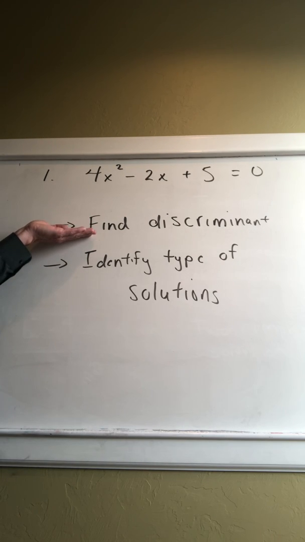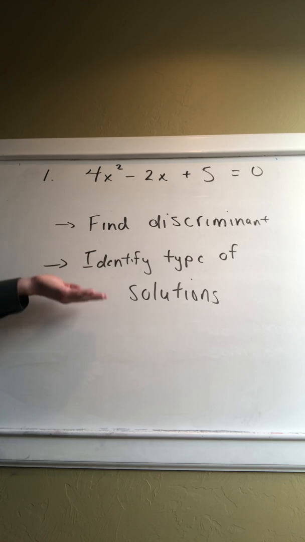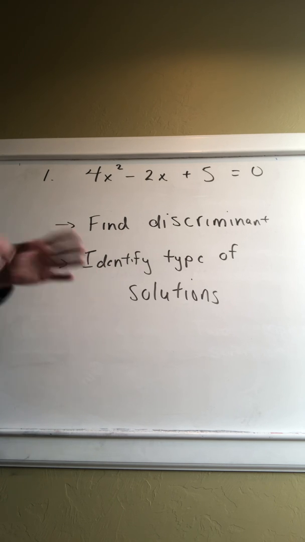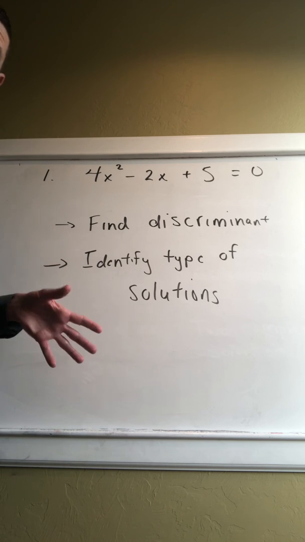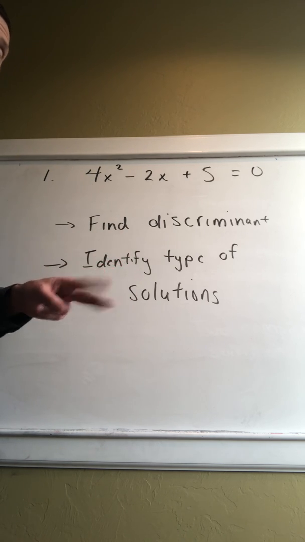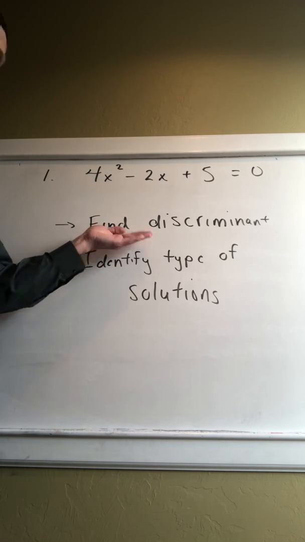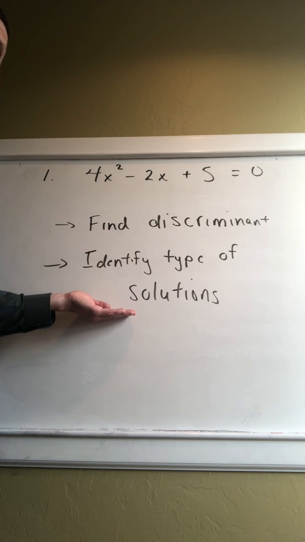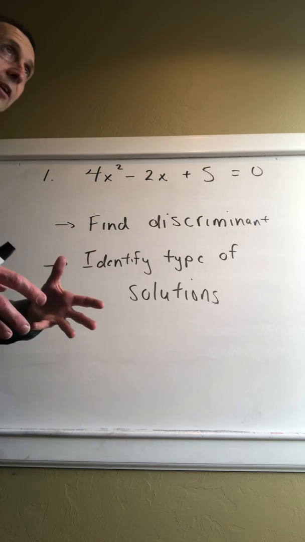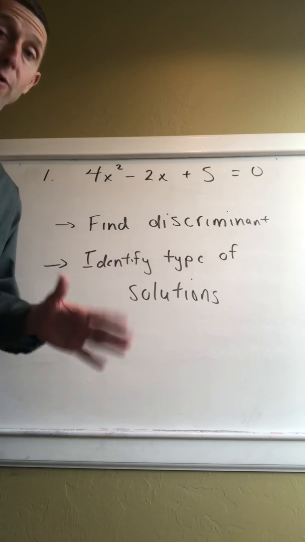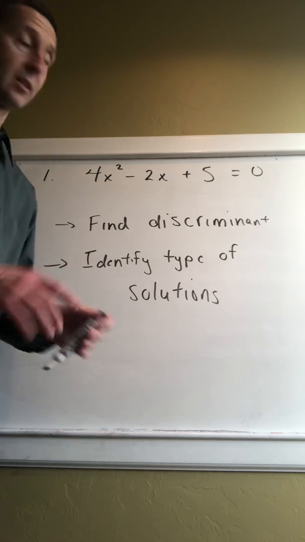First part, you plug in numbers to find the discriminant. Second part, you have to identify what type of solutions you get. So on the homework problems today, there are 2 answers: finding the discriminant itself, and then identifying the type of solutions. You have to have that chart to get this second answer.